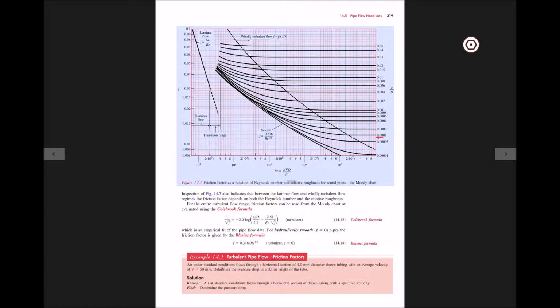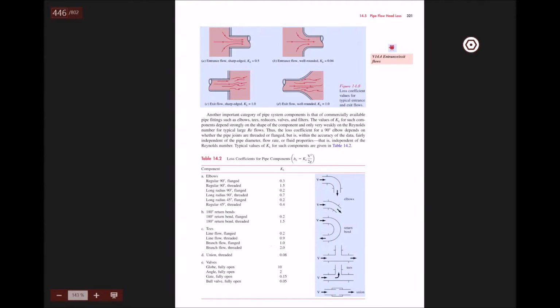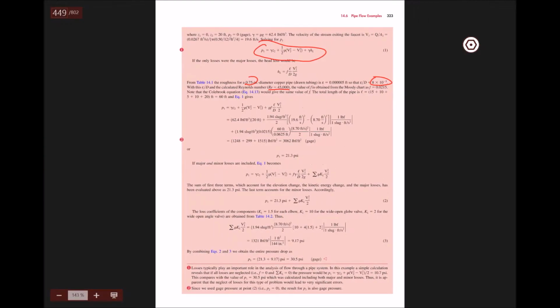When we read that point, it's about 0.0215. We have our f.